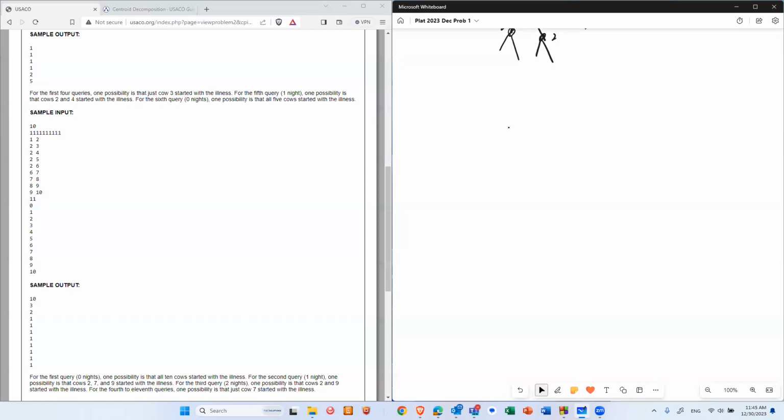If we have 0, the number of nights is 0 initially, obviously every cow needs to be infected. Then the first night is you identify any of those trees, right? You identify the centroid.